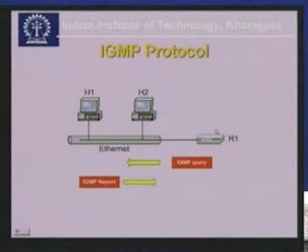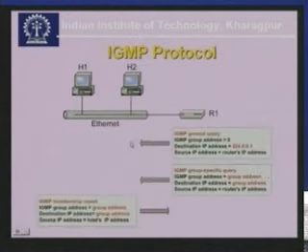So we have this multicasting router over here and one single Ethernet segment, with a number of machines connected there. An IGMP query comes from this multicasting router, and an IGMP report goes to the router from the hosts. There may be an IGMP general query, where the IGMP group address is set to 0.